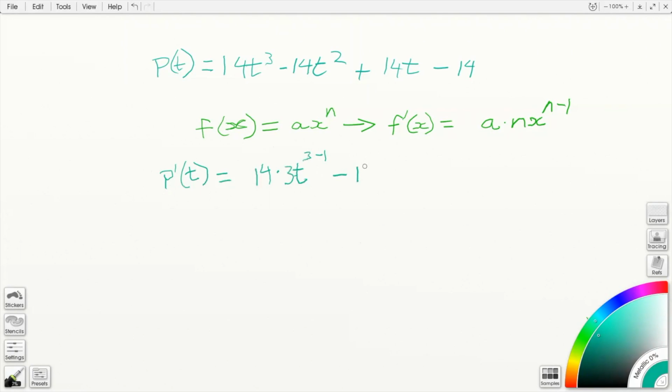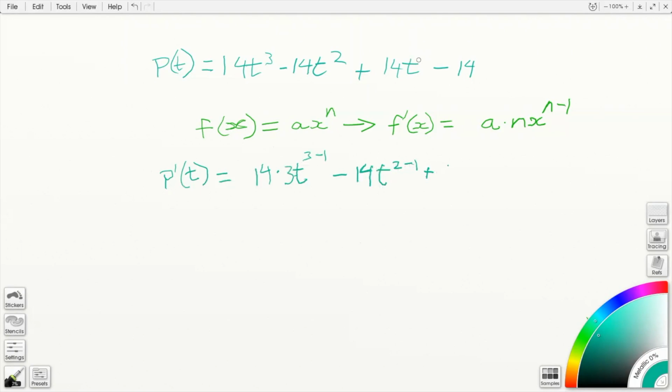The reason why it's good to practice this is you don't need to write this step down. This is just for practice here. You don't write the 3 minus 1, you just skip the step and go straight to 2. You'd write 42t squared, unless you want to write the step and it helps, then for sure do that.